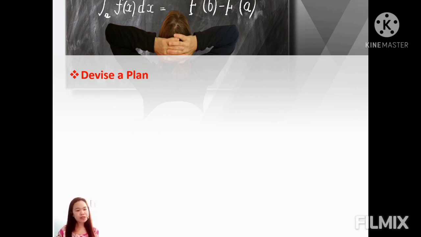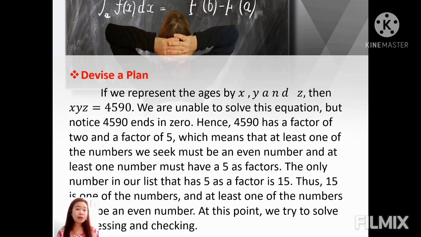So, how do we do that? This is where we devised a plan. Now, if we represent the ages by X, Y, Z, that's what we normally do, di ba? Pag meron tayong hindi alam and we solve a word problem, we represent the unknowns by using variables or the letters of the alphabet.